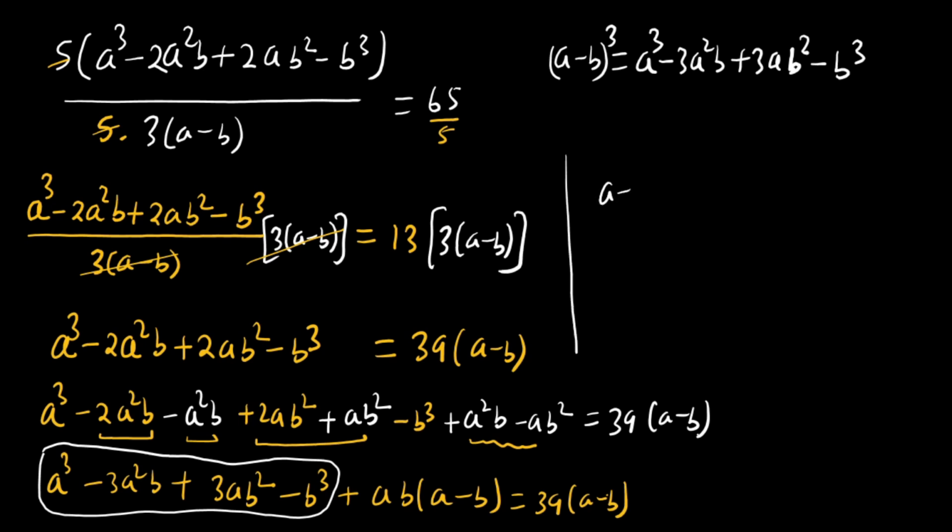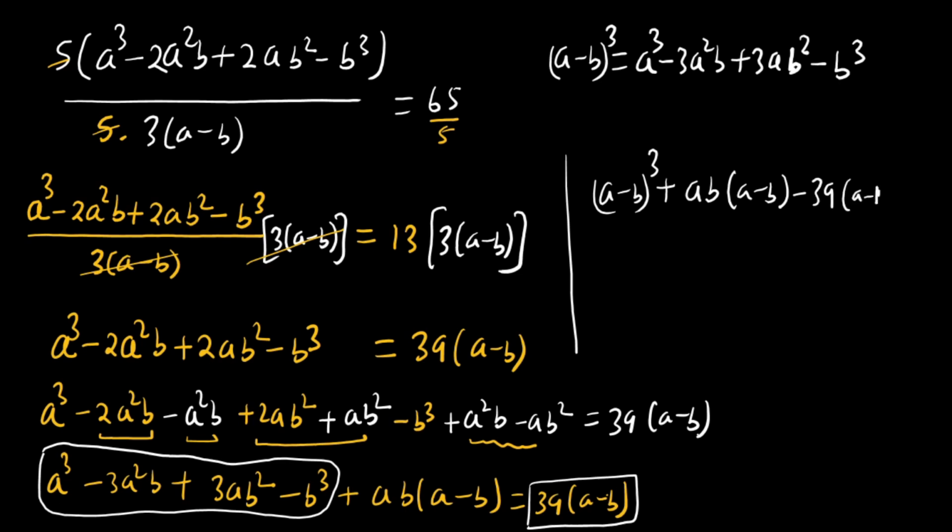Then (a minus b) whole cube plus a times b times (a minus b), and if we take 39 times (a minus b) to the left hand side, then minus 39 times (a minus b) is equal to 0.